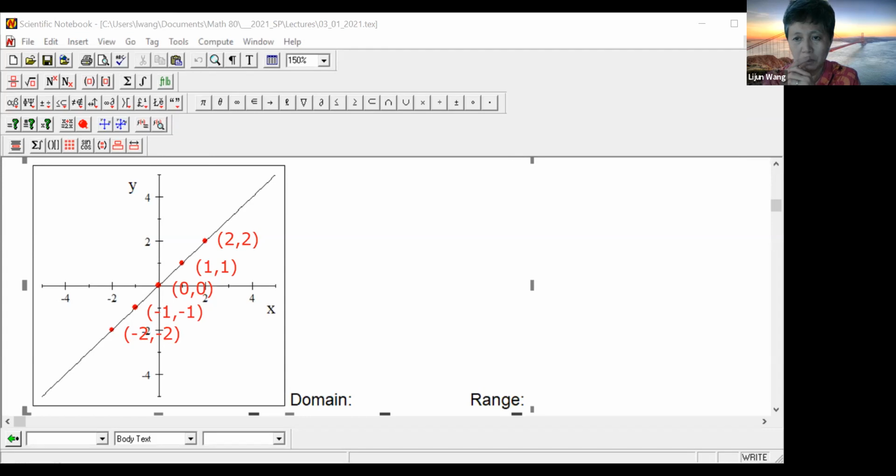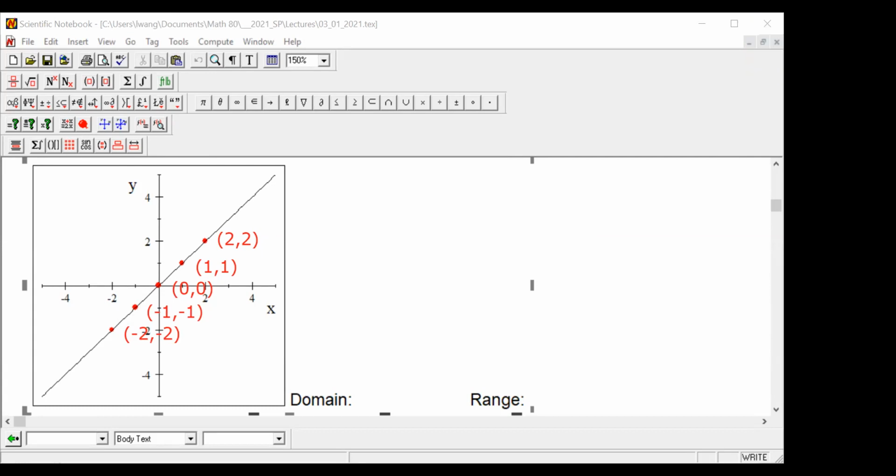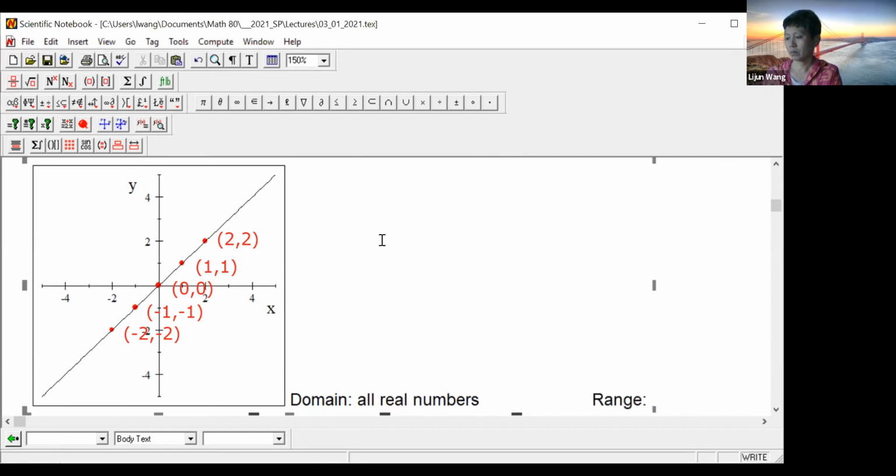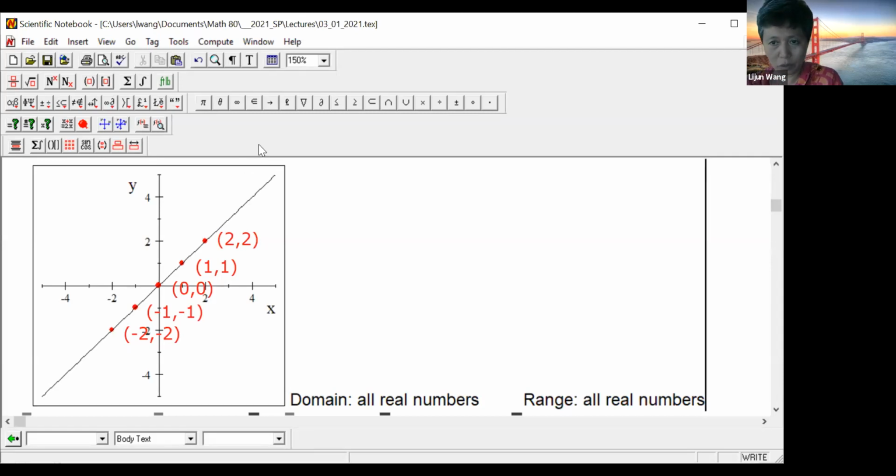All real numbers. Perfect. I see the answer on chat. Great job. All real numbers. And the range is the same, because the consequence of operating on all the real numbers is that the output is always the same as the input, of course, right?